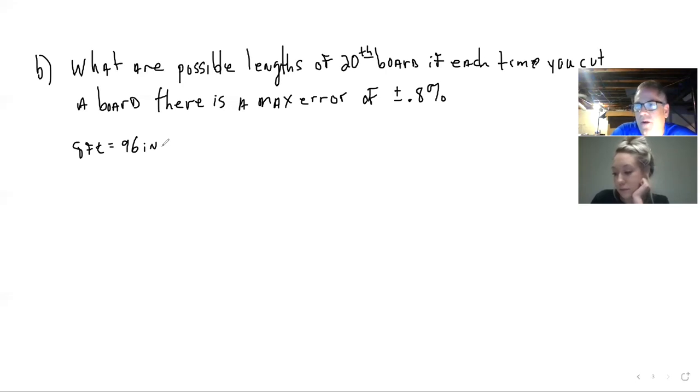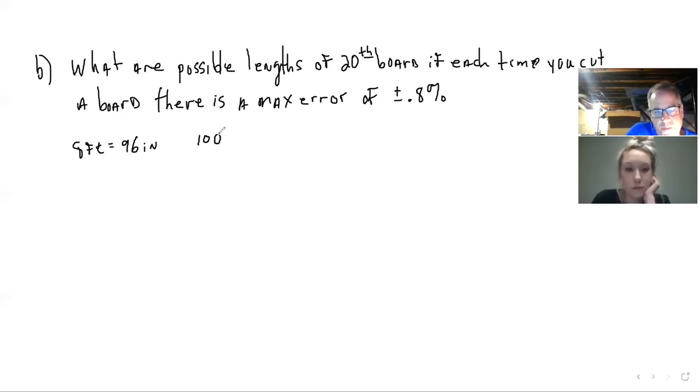So if you've got an error of negative 0.8%, so I'm looking at the shorter side right now, made in that process, the board would be shorter than that, and it can be expressed as the target length by simply subtracting 0.8% from 100%. So 96 inches is 100% of the total board.